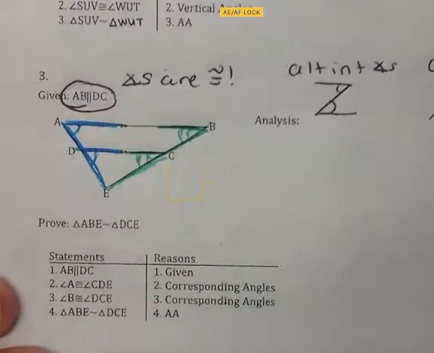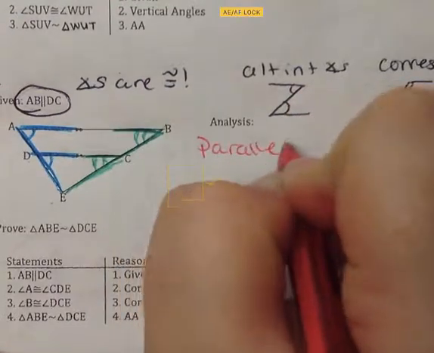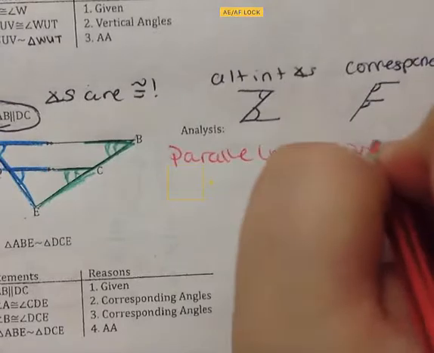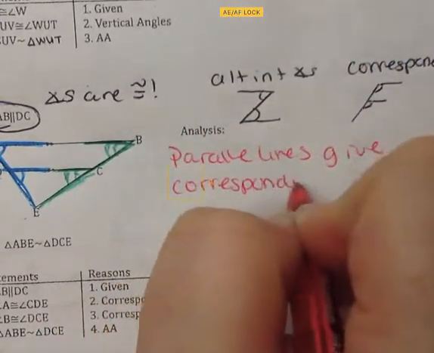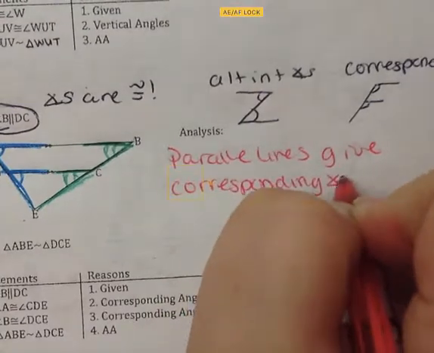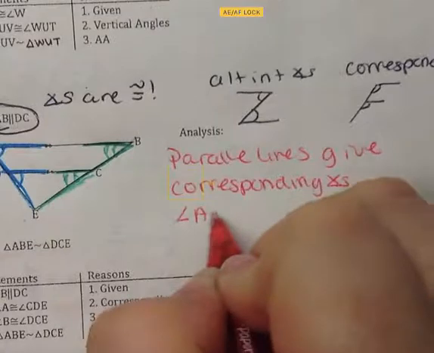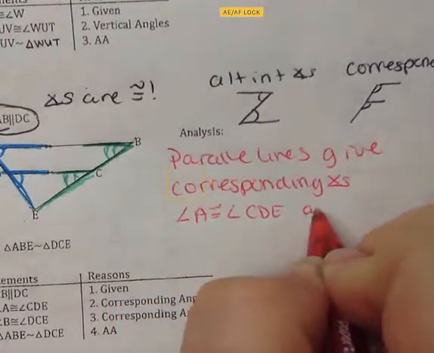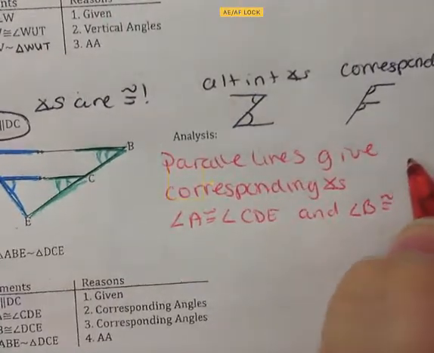So on here, for our analysis, we can say that parallel lines give corresponding angles, which were the angle A is congruent to angle CDE, and angle B was congruent to angle DCE.